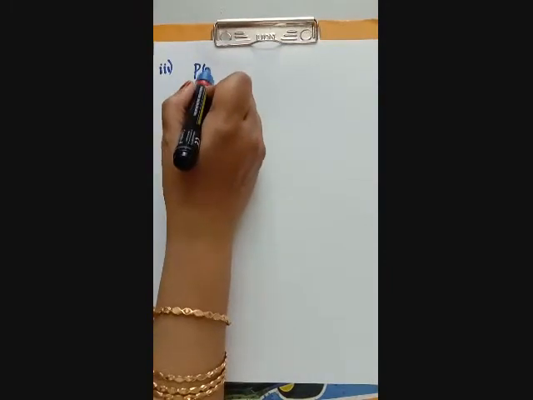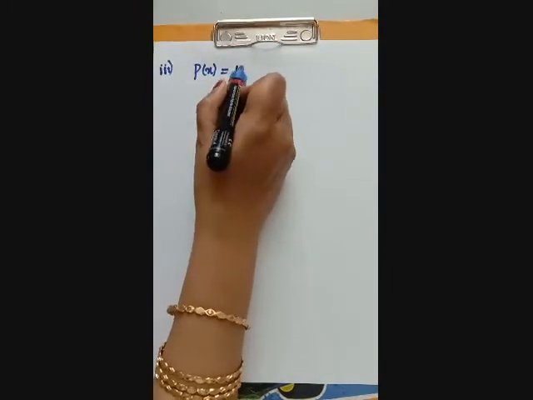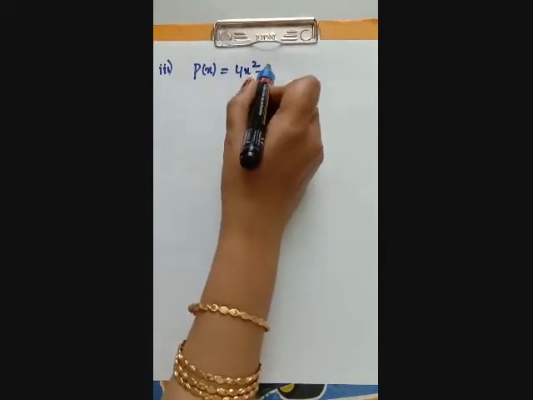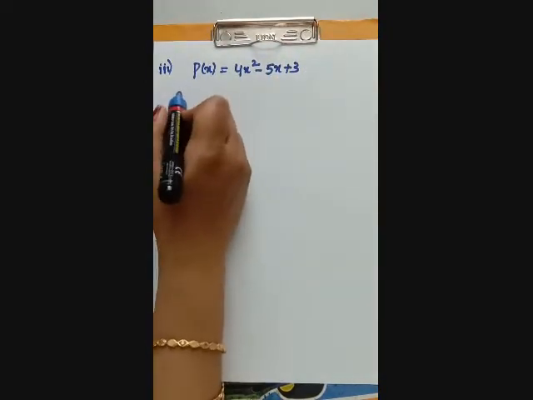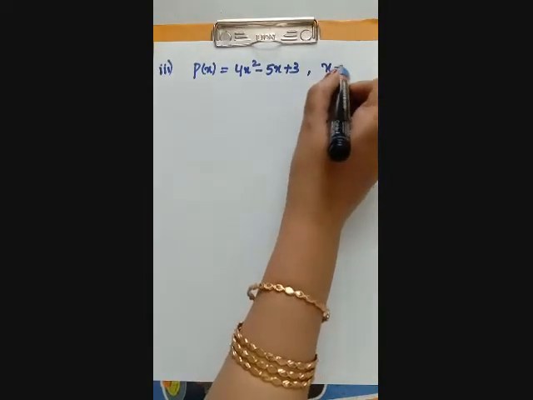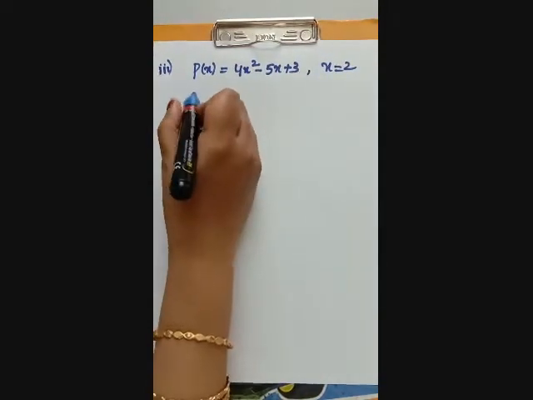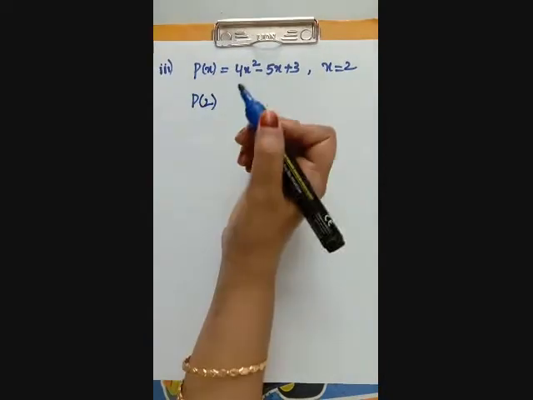P of x is given as 4x square minus 5x plus 3. When x is 2, in the place of x we are going to substitute the value 2.